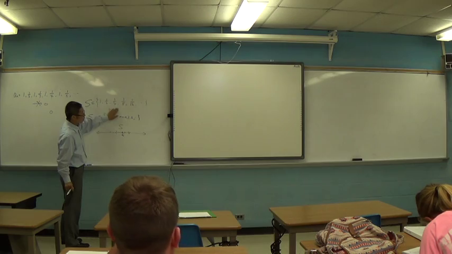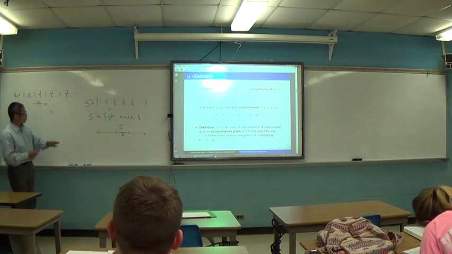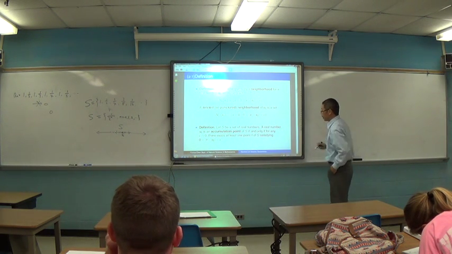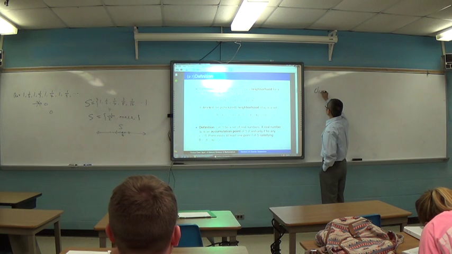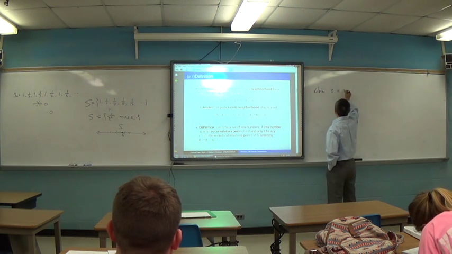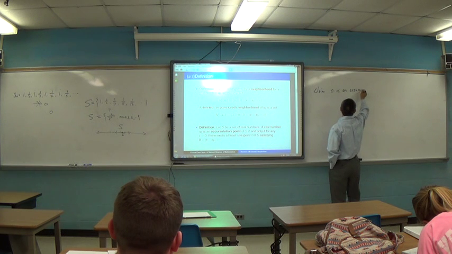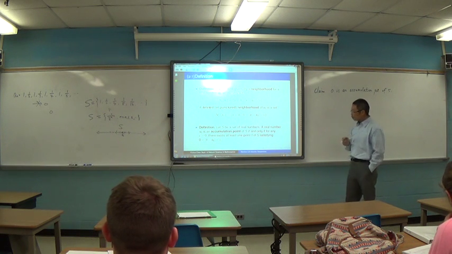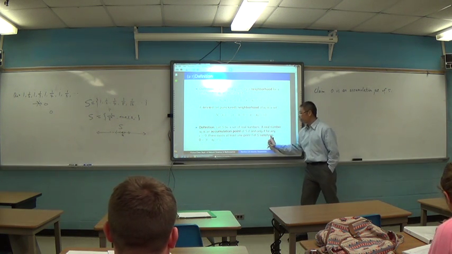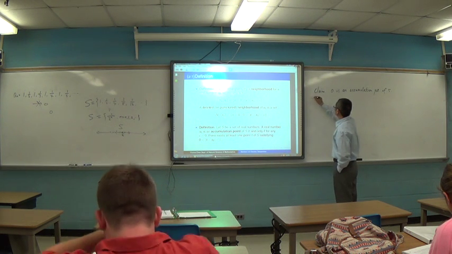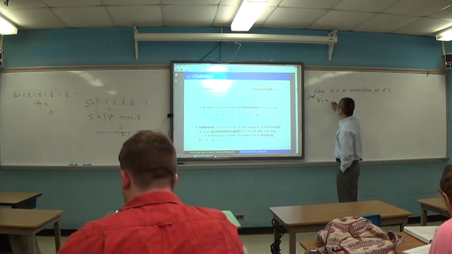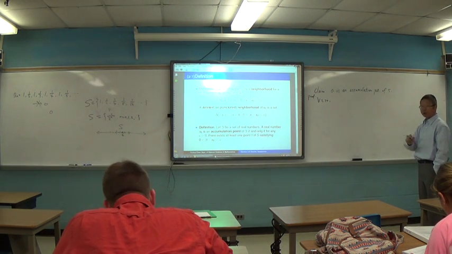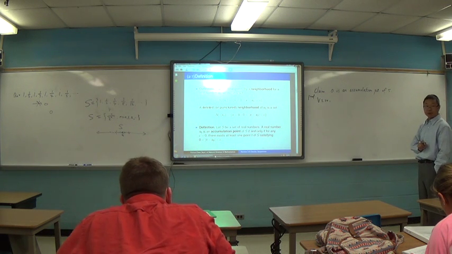Let me see. Can I prove this one? I want to prove that 0 is an accumulation point of this set S, based on the definition. I claim 0 is an accumulation point of S. If I want to prove it, I need to base it on the definition. For any epsilon greater than 0, there exists at least one point of S such that the inequality is true.